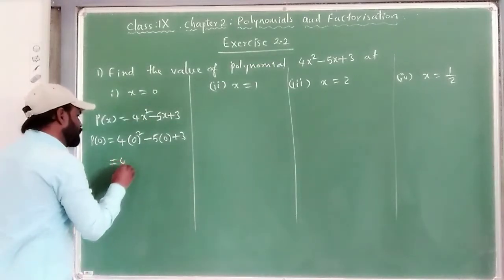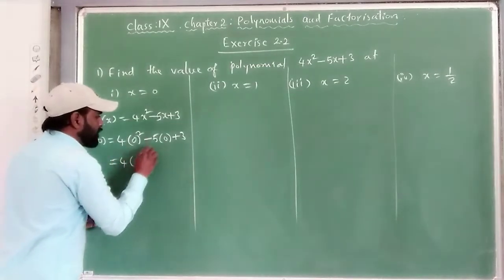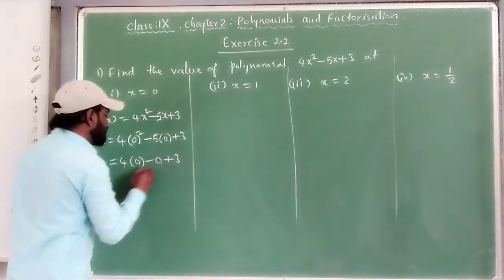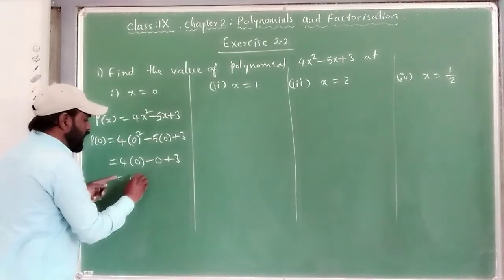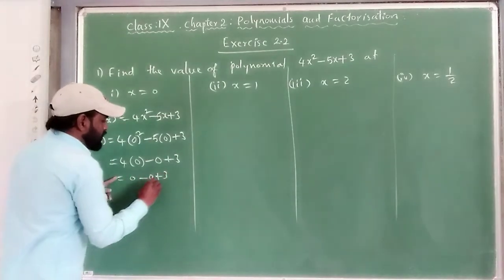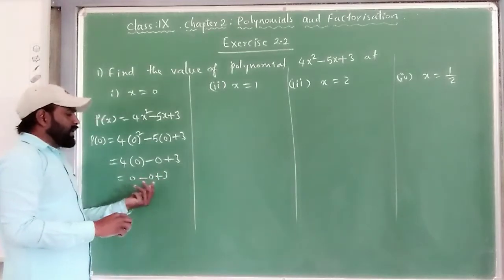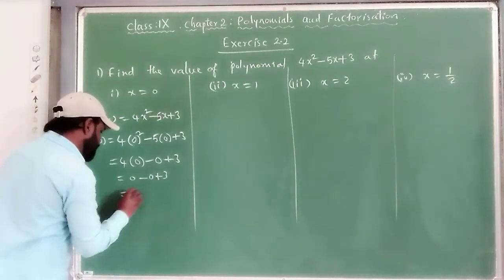So 4 into 0 square is 0 only, minus 5 into 0, 0 into anything is 0, plus 3 as it is. Again 4 into 0 is 0, minus 0, plus 3. 0 plus 3 is 3, that's all.